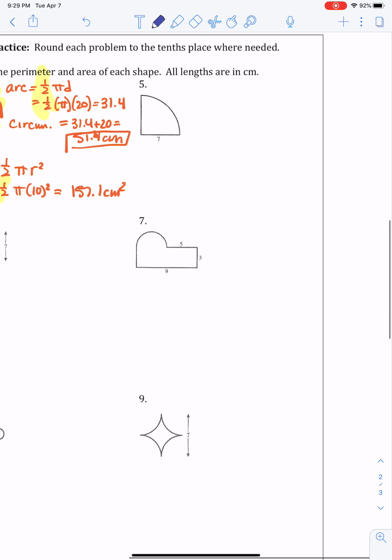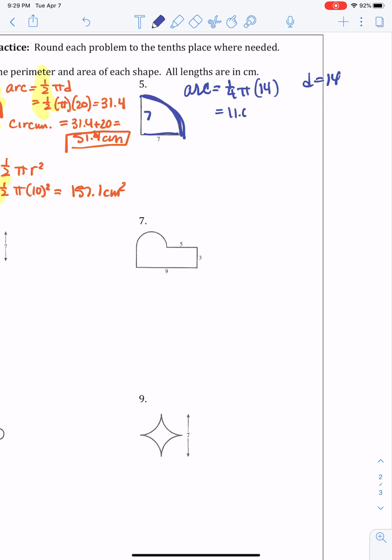When we do the number 5, I'm going to use that same fraction idea, except I'm going to use a fourth. So if this is 7, then this is 7, because it's a quarter circle, you use radiuses to make it. So the arc, or this piece right here, is 1/4 pi times 14, because the diameter is 14.